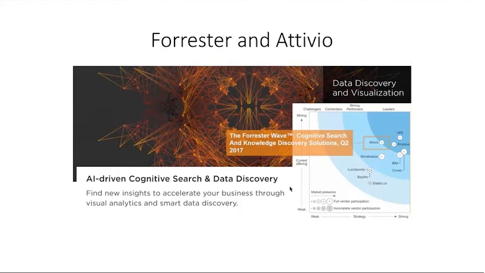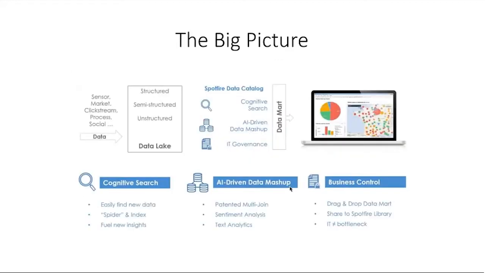That's because it has some innate capabilities that are extremely powerful when dealing with data sources that are varied in nature. So before getting into a walkthrough, let's look at the big picture. How would data come in?